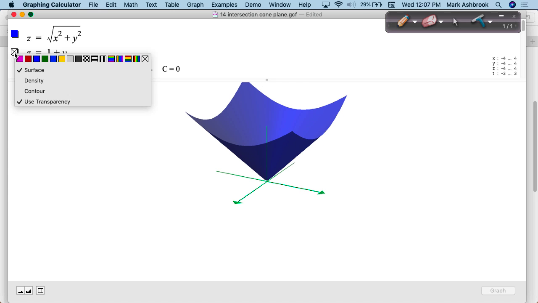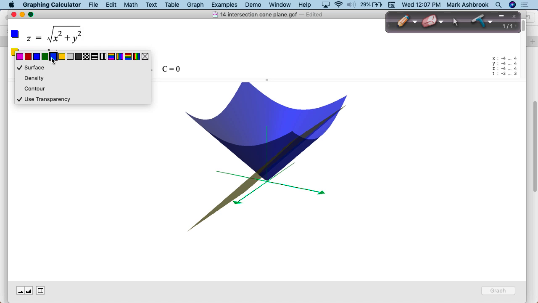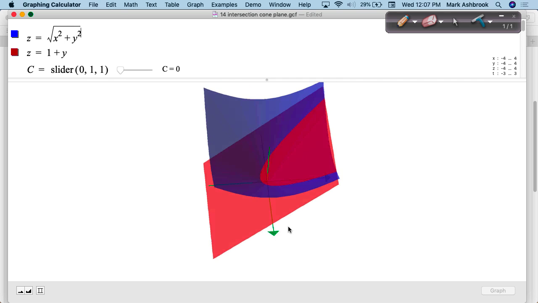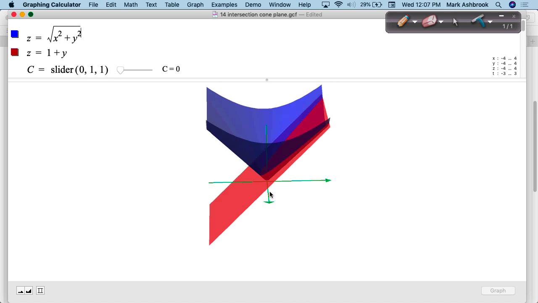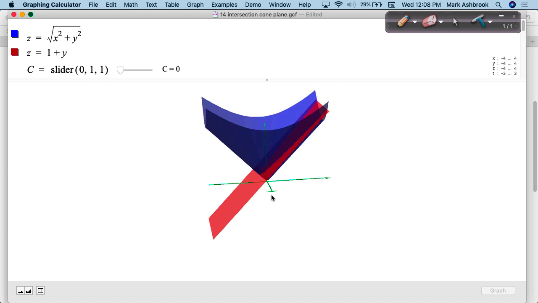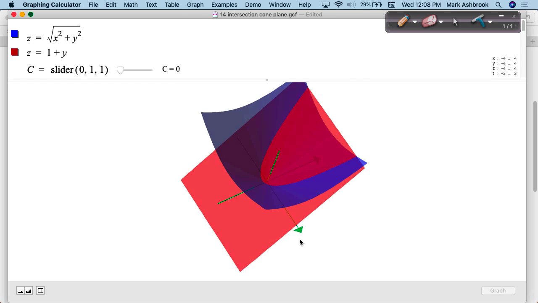Yeah, we're going to get a parabola. See that? Because the angle of that plane is the same as the angle of the side of the cone, you're going to get a parabola.